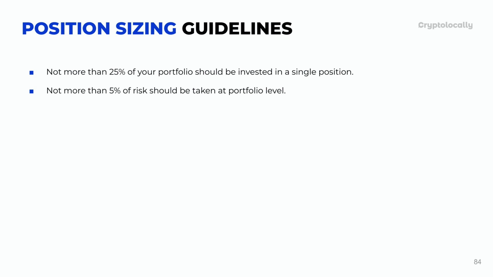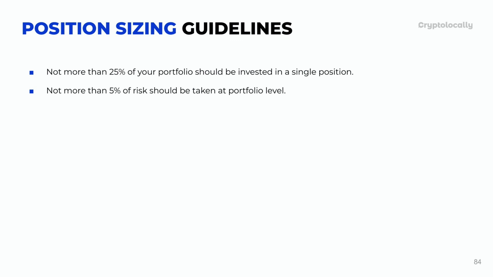Do you understand? So let's say I want to buy Bitcoin, for example, and I have $1,000. When I want to enter that position, I should not use more than 25% of my total portfolio to enter that trade. The reason is, if you use your total amount to enter a trade, by the time you see another opportunity in the market, you won't have money to enter that position.